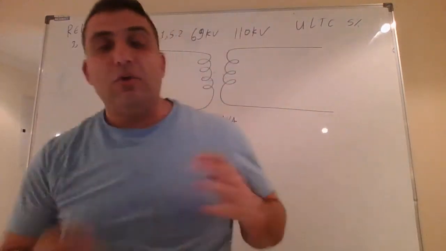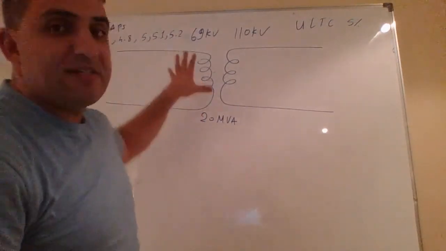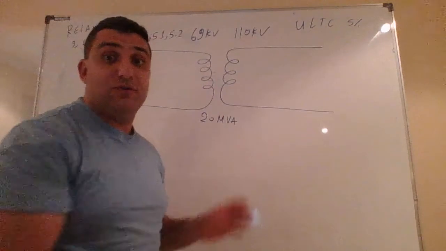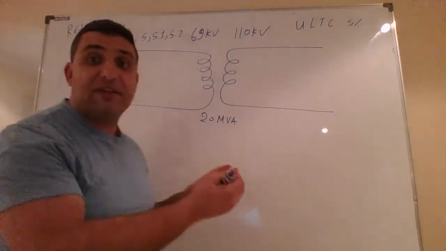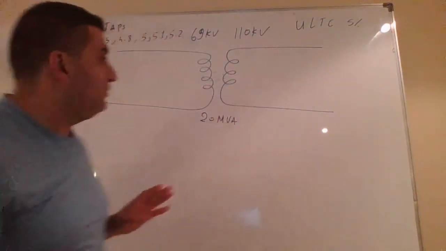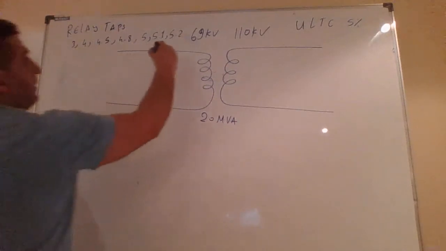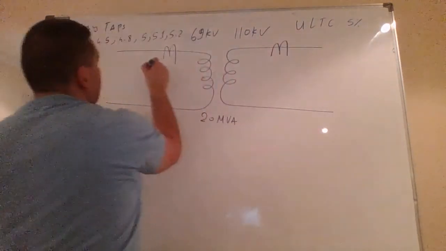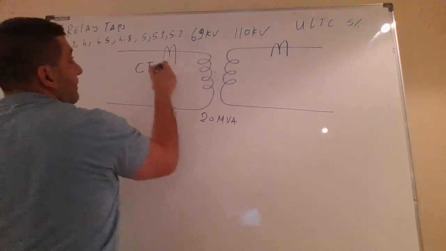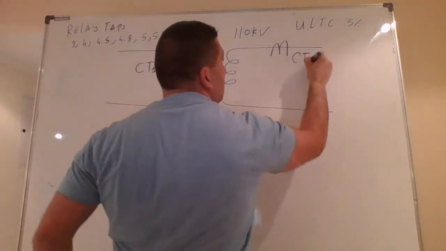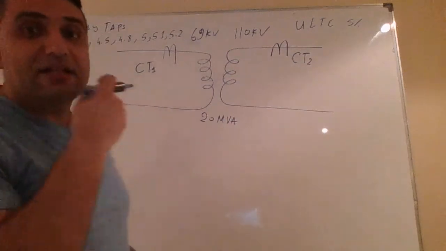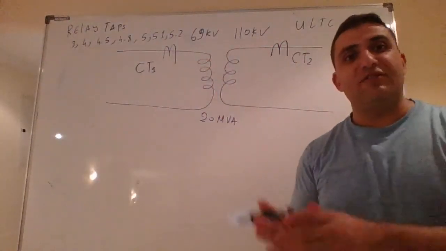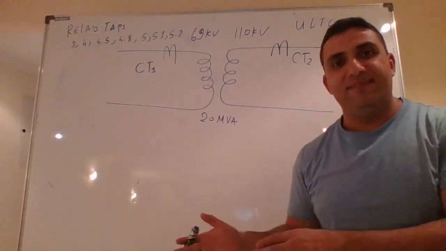Now, question number 1, I need to specify the CT for this protection. How do I specify the CT of this protection? I need CT1 and I need CT2. That's what I need to protect the system with a percentage differential relay.